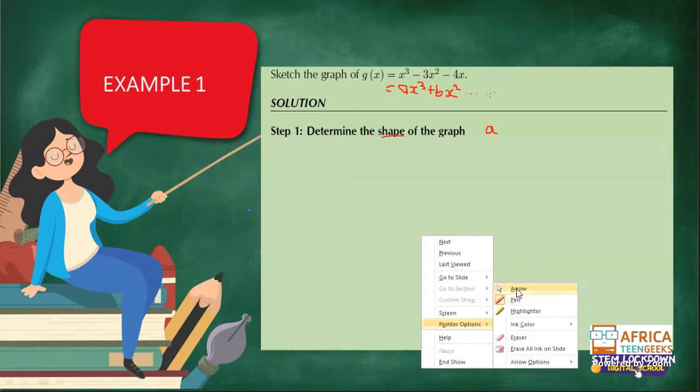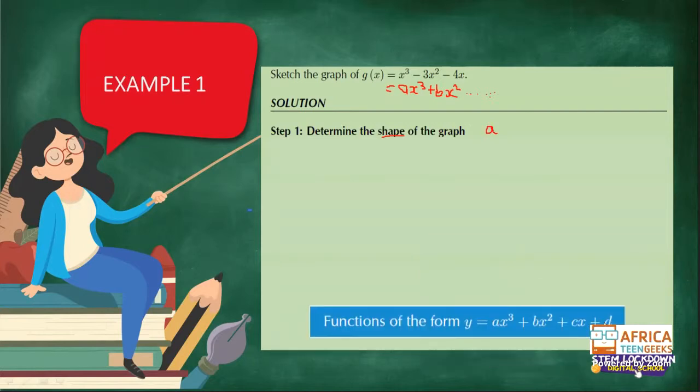If you write your function in the general form, you can see that your value of a is what? Your value of a in this case is this one, so there's a 1 here. I was saying you need to show that it's in this form so that you can identify your a.